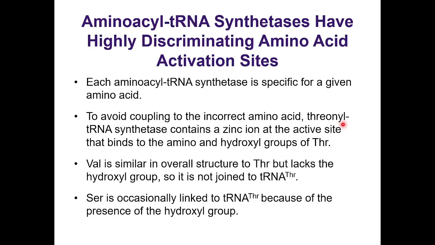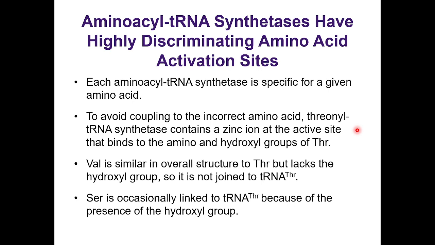Each aminoacyl tRNA synthetase is going to be specific for each amino acid. These will be the actual things that recognize and join these things together so it's correctly tagged. To avoid coupling to the incorrect amino acid, the threonyl tRNA synthetase is going to contain a zinc ion at the active site. This actually binds the amino and the hydroxyl group of your threonine.